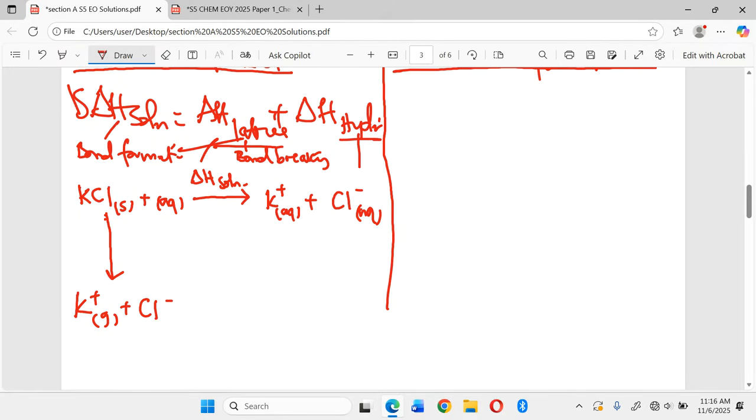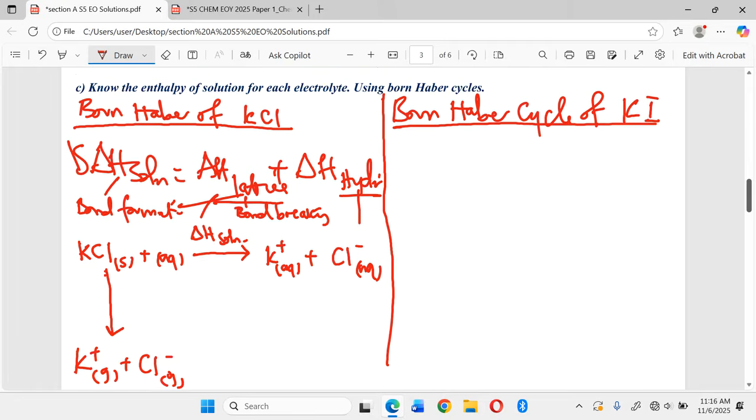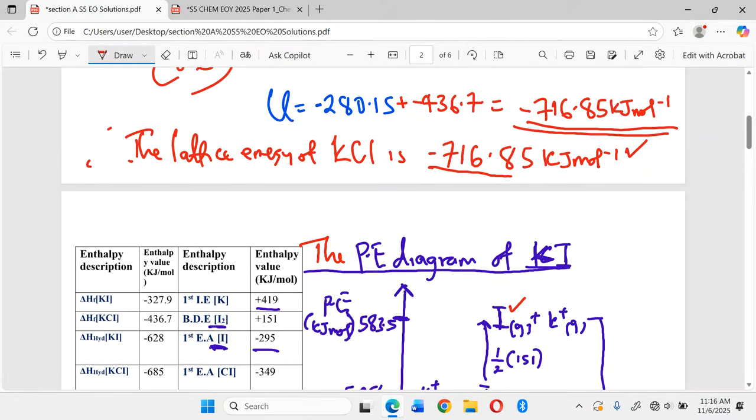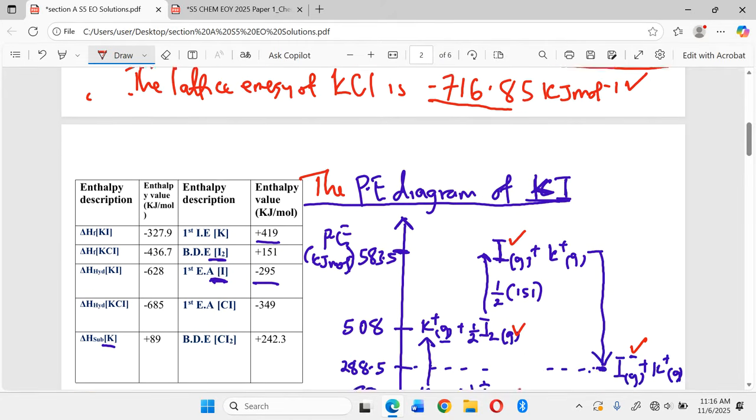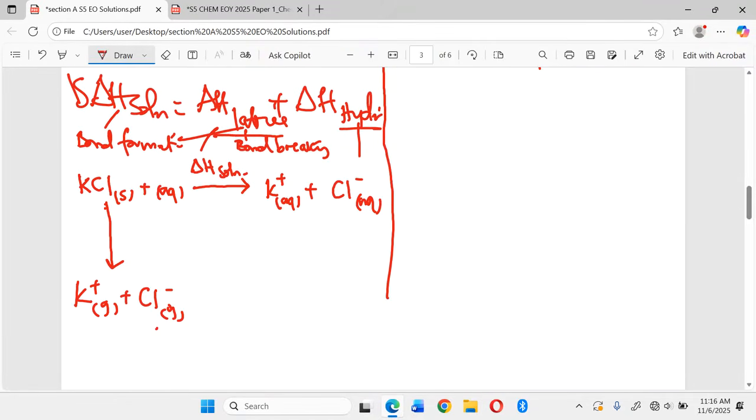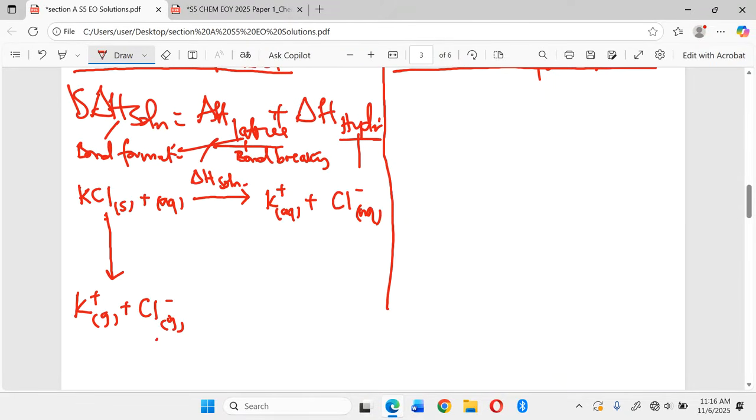These are the gaseous ions, potassium and chloride. The one we had was from gaseous ions to the solid, which means if we have our lattice energy for potassium chloride, which is here, negative 716, it will change the sign from negative to positive 716.85.